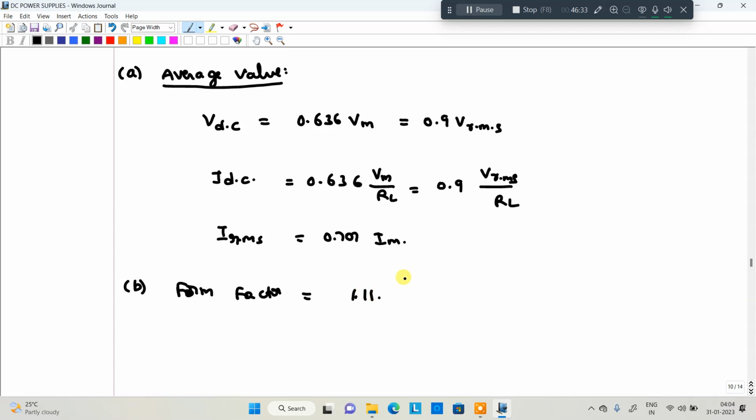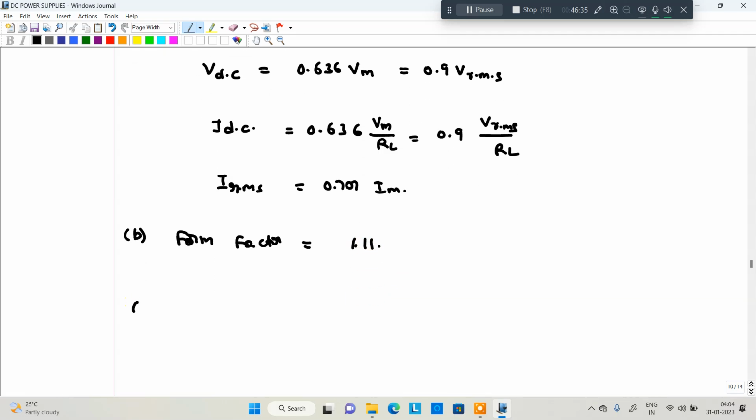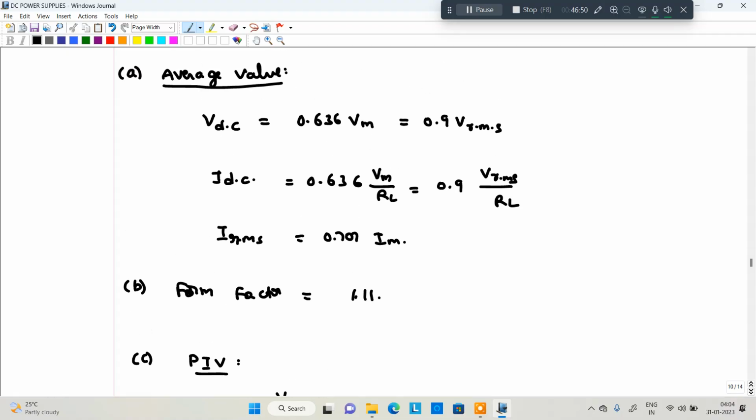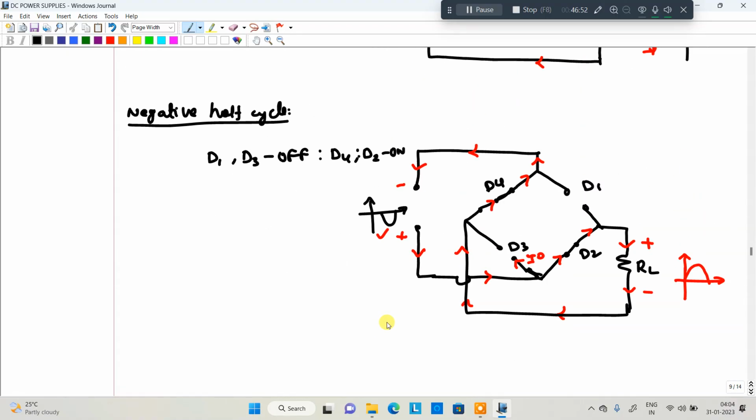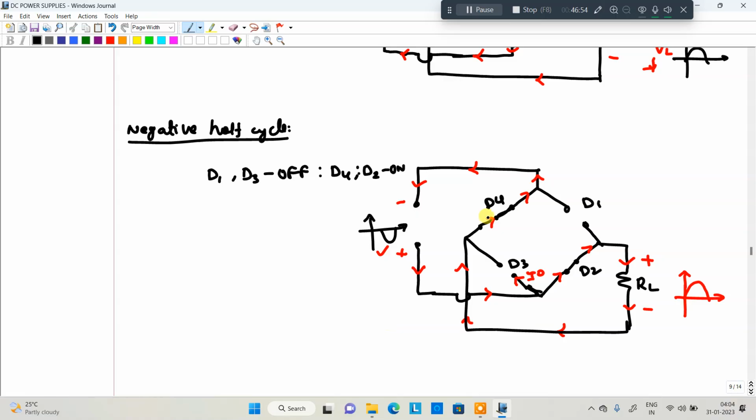Coming to the peak inverse voltage, PIV, of a diode. Here the peak inverse voltage is different from the previous case. In the previous case the peak inverse voltage is 2 VM, but here each and every time only one VM is present, because there is no center tap transformer.